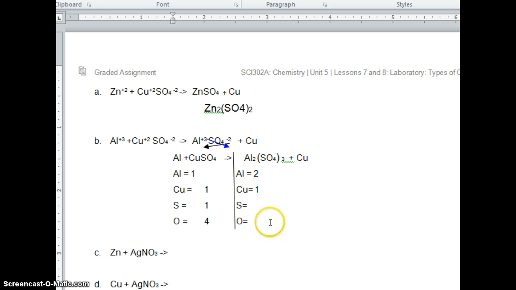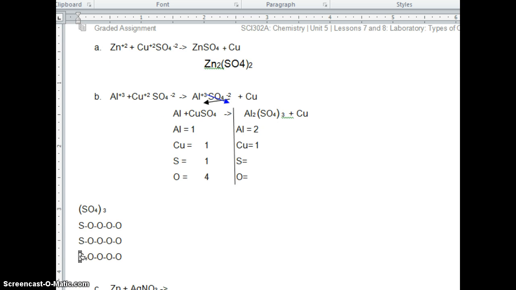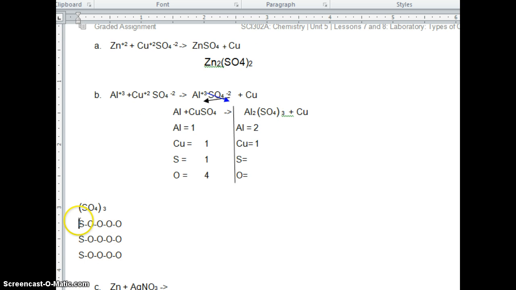So when I say I have 3 copies of SO4, that's like saying I have S and then with 4 O's attached to it, and I have 3 copies of that. Okay, so when you see SO4 parentheses 3, this is what it means. It means I have 3 copies of an S with 4 oxygens attached to it.